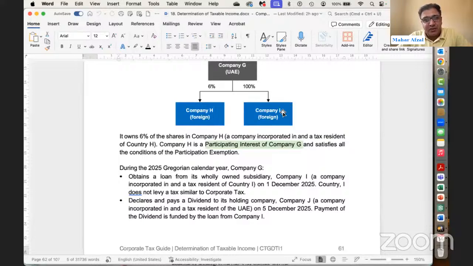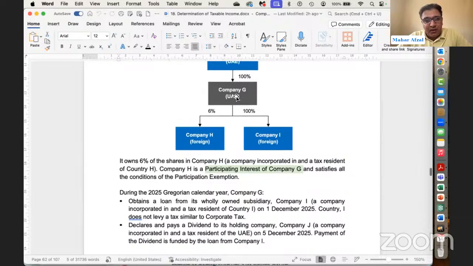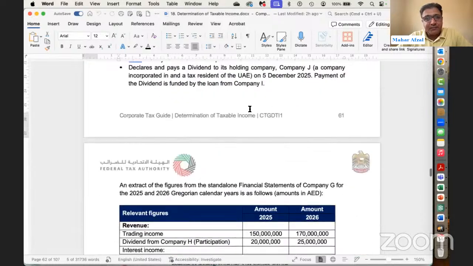Here the lender is not subject to tax at 9%. In this paragraph, they have given that the loan is used for making a payment of dividend funded by a loan from company I. Whatever loan is given by I to G will not be claimable in the books of G, because it will be considered tax planning to avoid tax, as I is not subject to 9% and the loan is being used to pay the dividend.